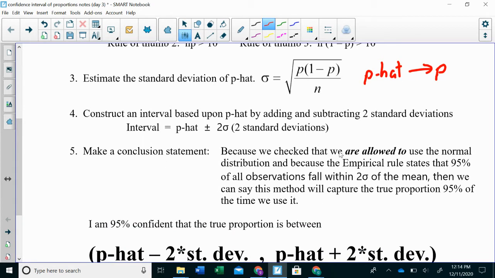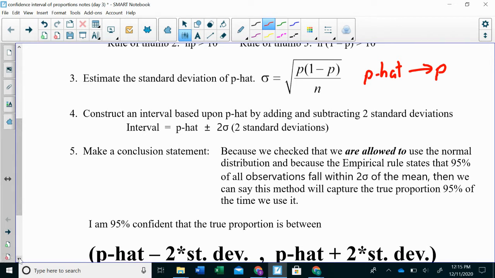Because we checked that we are allowed to use the normal distribution, and because the empirical rule that we learned previously states that 95% of all observations fall within 2 standard deviations of the mean, then we can say this method will capture the true proportion 95% of the time we use it.